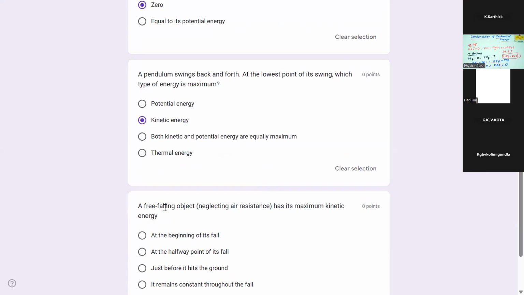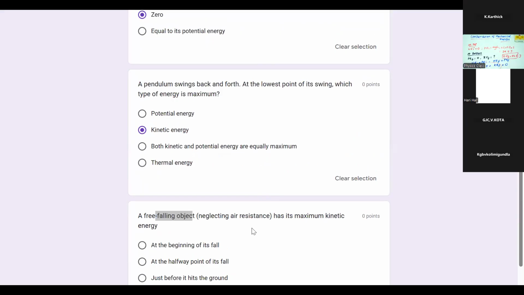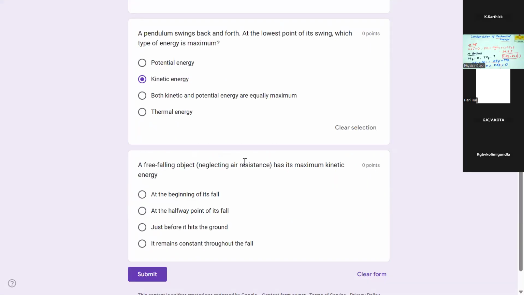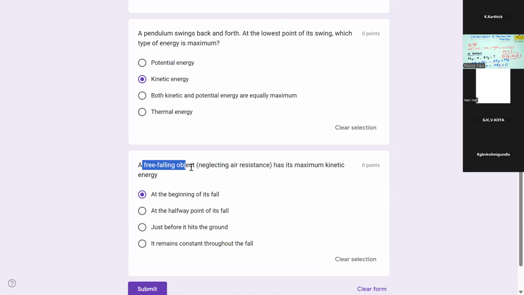A free falling object, neglecting air resistance, has its maximum kinetic energy at the beginning of the fall, at the halfway point of its fall, just before it hits the ground, or it remains constant throughout the fall. Very important question.